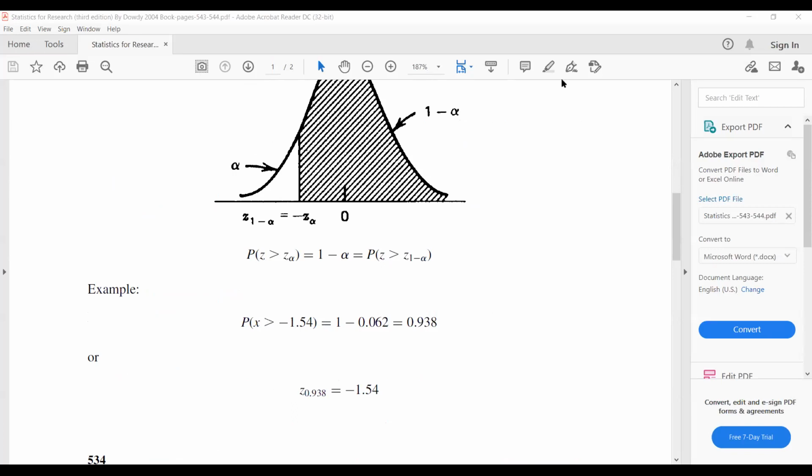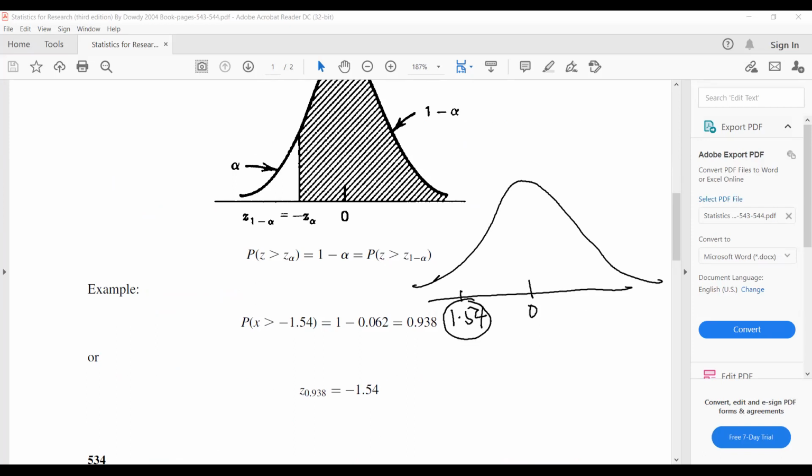If we try to graph that one, kung ito yung 0, ang location ng negative 1.54 will be here. So negative ang value, negative 1.54, ang tinutukoy niya is greater than x, this one. So ang tinutukoy niya na area, kung greater than, is ito.